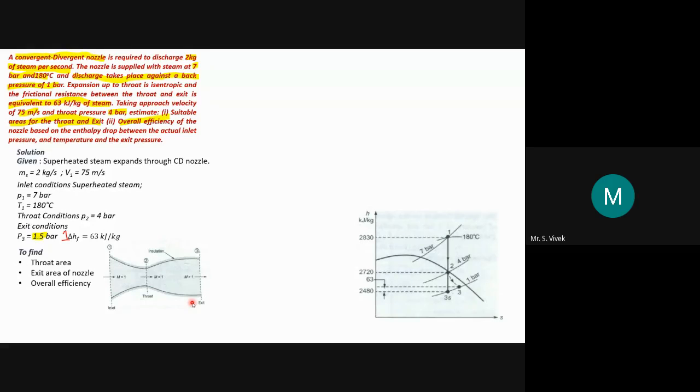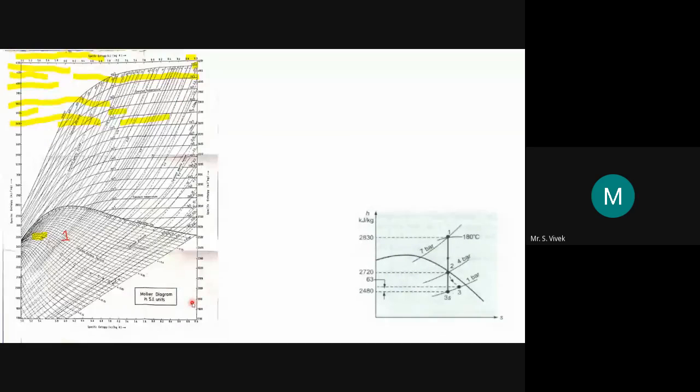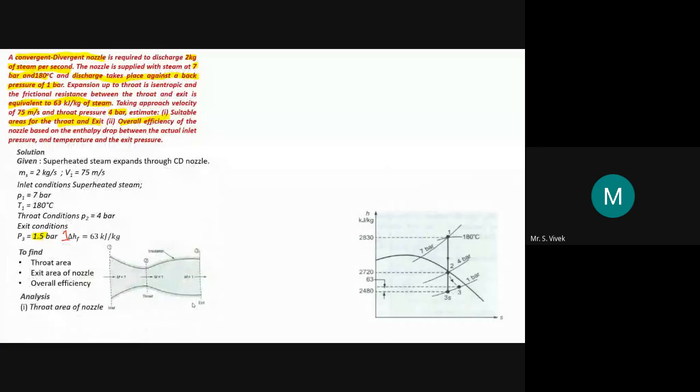That will give the evaluator an idea how you solved the problem. Let me erase those things because it will disturb you while looking into the Mollier chart. Okay, so here it is.